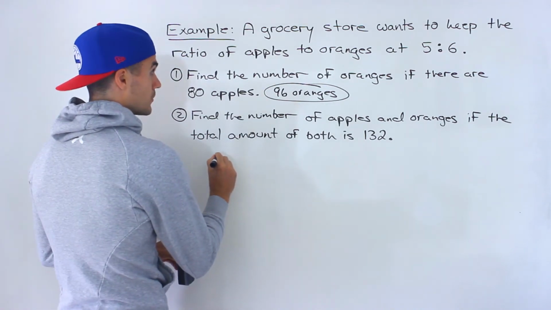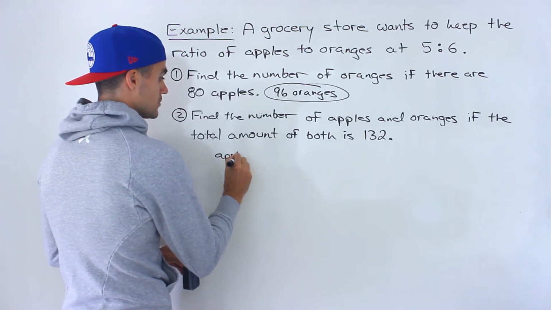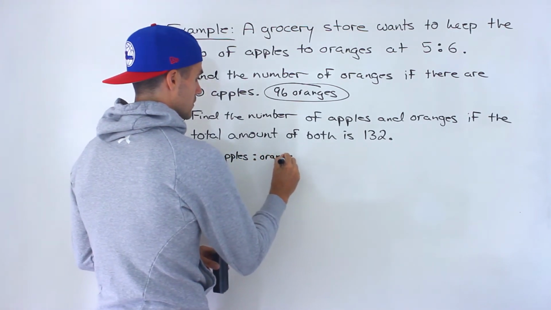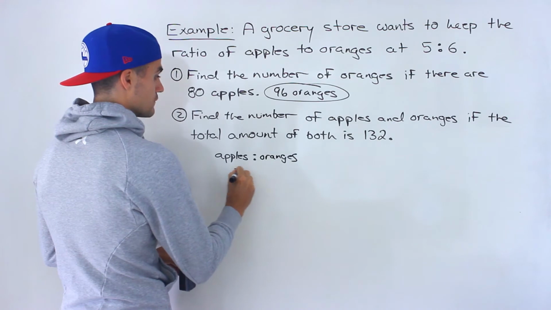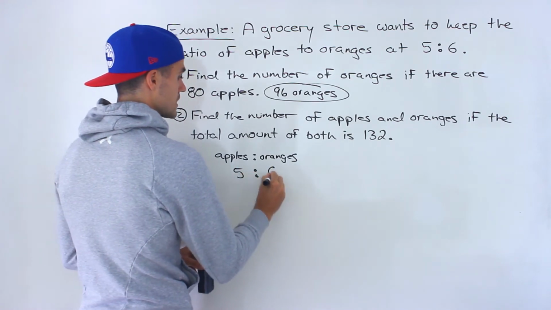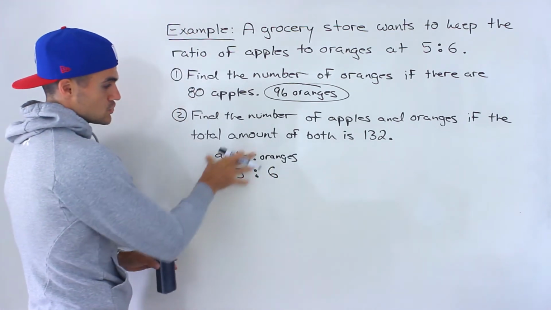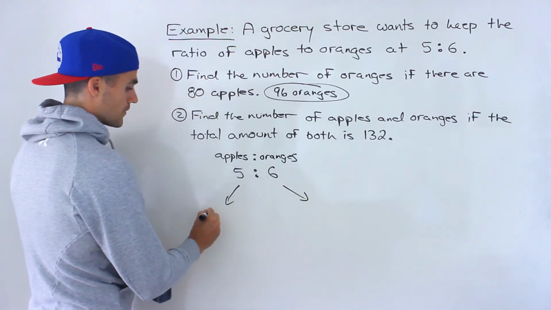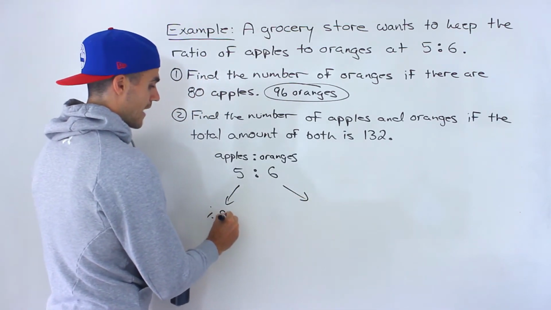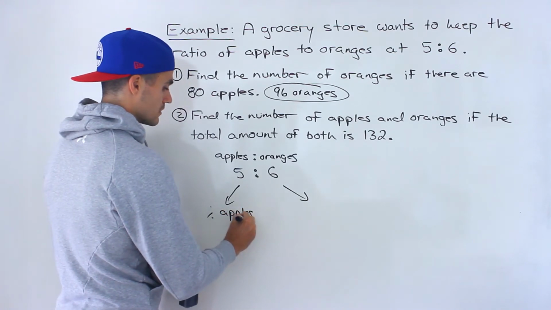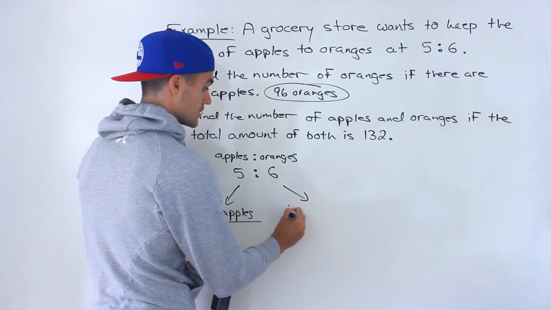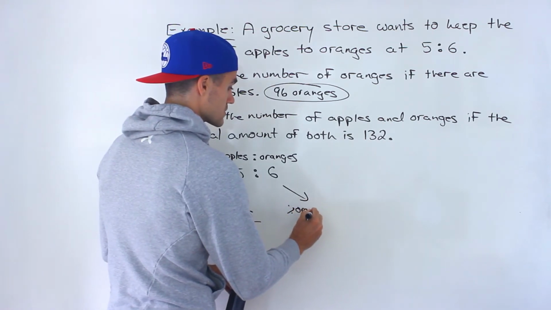So let me write this here again. We've got apples to oranges, which is 5:6. What we can do with this ratio is figure out the fraction of apples out of the total, and then the fraction of oranges.